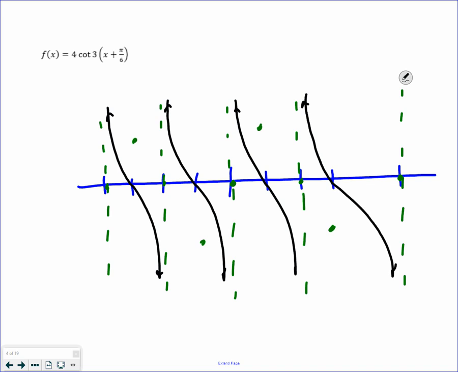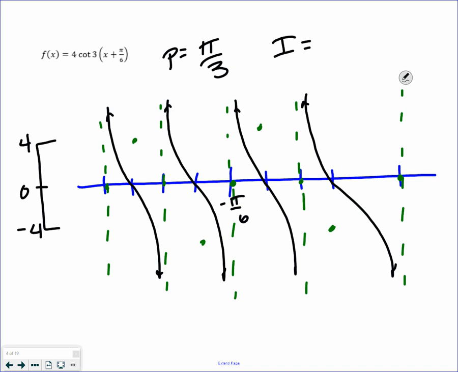All right, let's talk about the midline. 0, there's no number being added to the function, and going up and down. Now, again, no amplitude, but this gives us basically where the points would be located. Negative pi over 6 is our phase shift. Period length is normally pi divided by b.